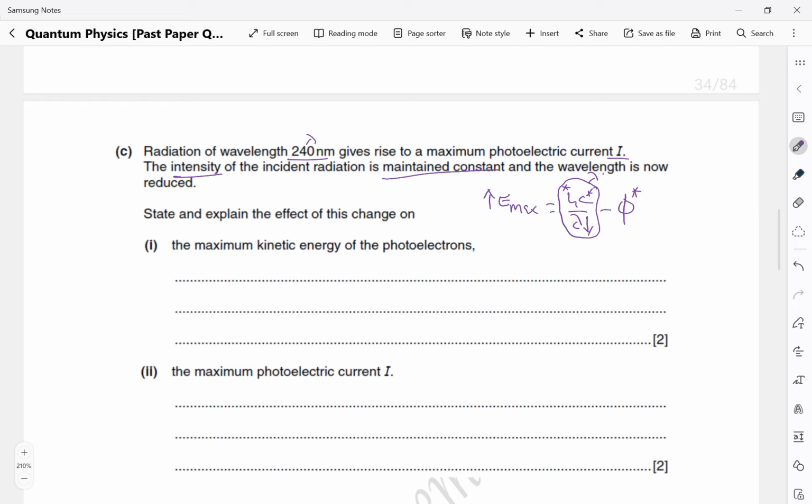So reducing the wavelength means photon energy is now increased, because remember photon energy is hc over lambda. And for the same work function, it means the maximum kinetic energy is now larger.